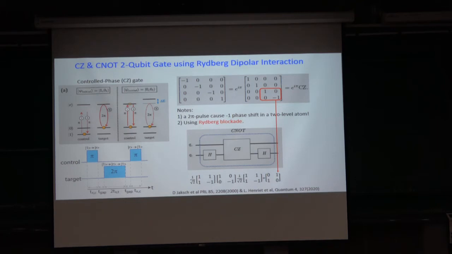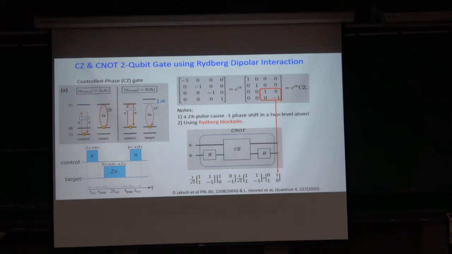The truth table of this looks like this. It's easy to understand. For example, if the control atom is in state 1 and the target atom is in state 0, and this is off resonance, so the pi pulses cause no change, no phase shift. However, for this target atom, it's a 2 pi pulse, and going back to check your Rabi oscillation of two-level atoms, a 2 pi pulse will change the sign, so it's a -1.